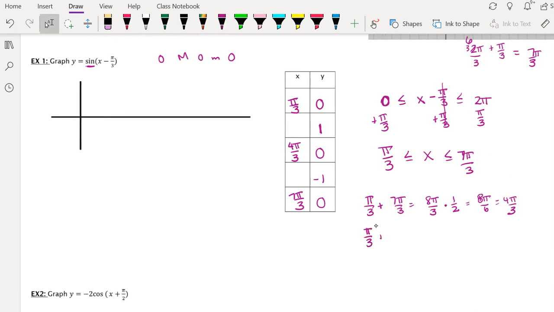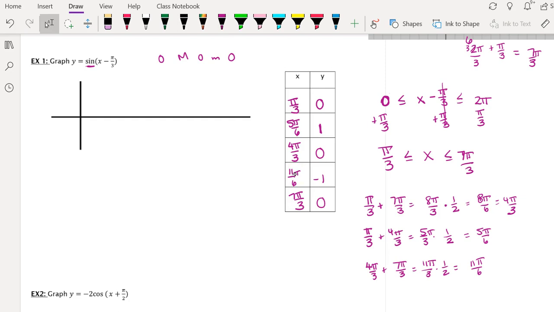So pi over 3 plus 4 pi over 3 is equal to 5 pi over 3, but then I want to take half of that, which is equal to 5 pi over 6. And then down here, same thing, so I'm taking 4 pi over 3 plus 7 pi over 3, and I get 11 pi over 3, dividing that by 2, and I got 11 pi over 6.